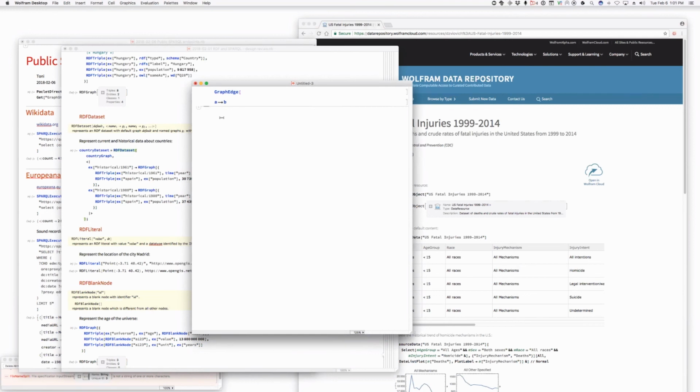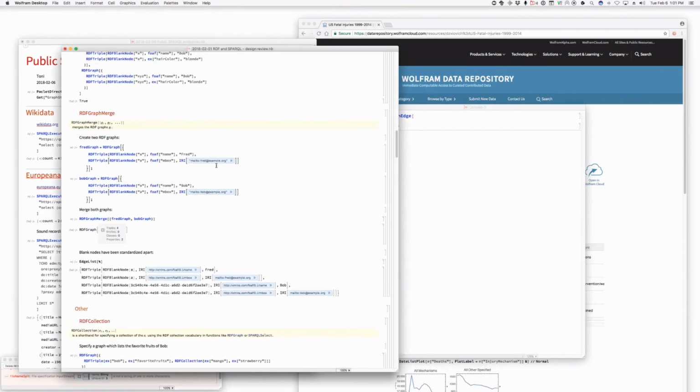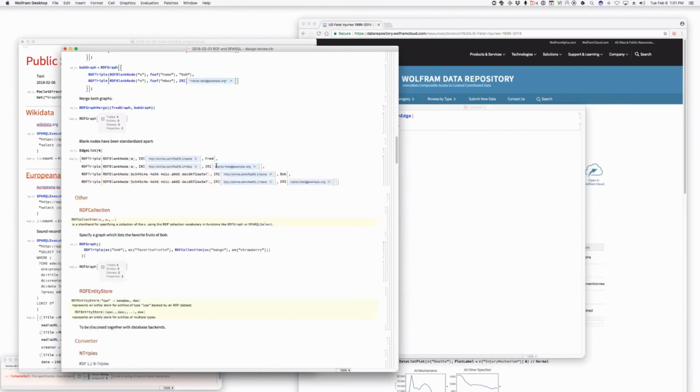Yeah. And so Tony, you've enumerated certain operations that are ones that are conveniently thought about in terms of these labeled graphs. Is that right? Yes.